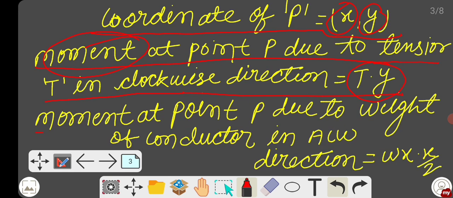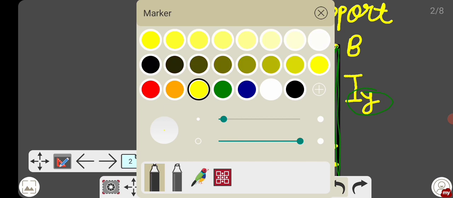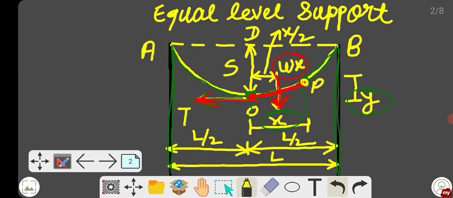Now we have to calculate the moment due to this weight. As you can see, the weight is acting at the center point of the length OP, so its perpendicular distance from point P will be x by 2.